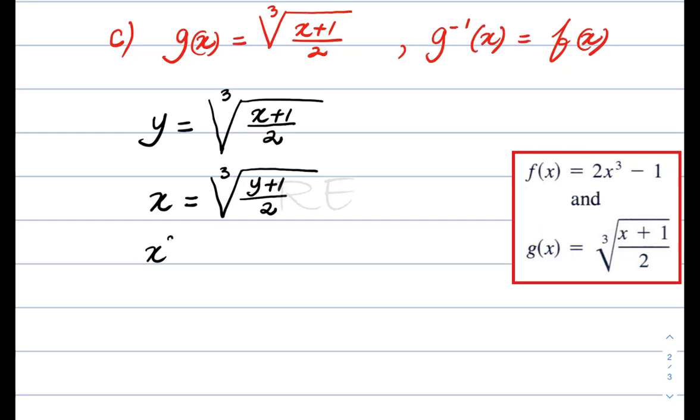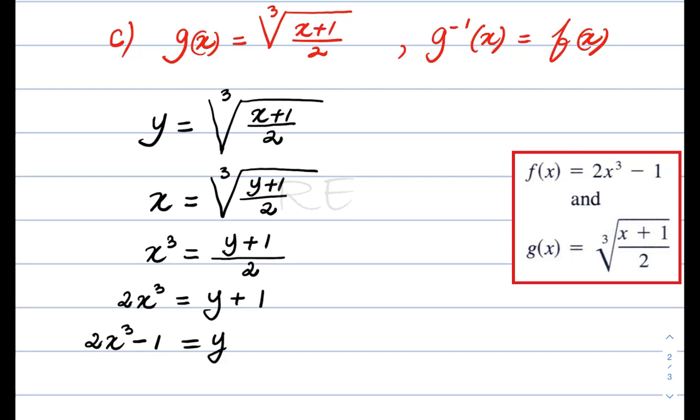Cube both sides. X cubed is equal to y plus 1 divided by 2. Multiply both sides by 2. 2x cubed is equal to y plus 1. Subtract 1 from both sides. 2x cubed minus 1 is equal to y.